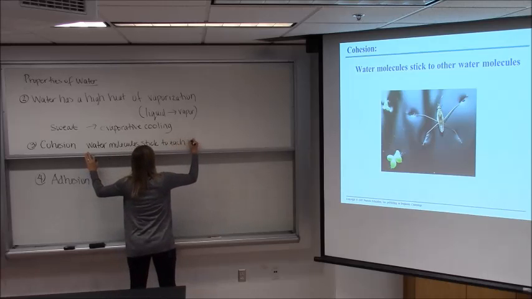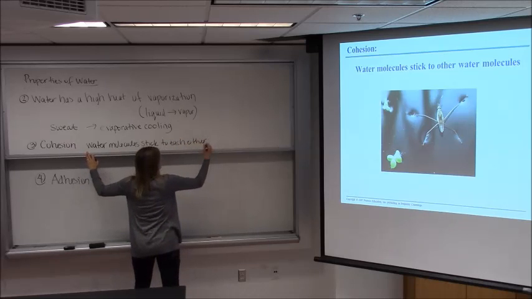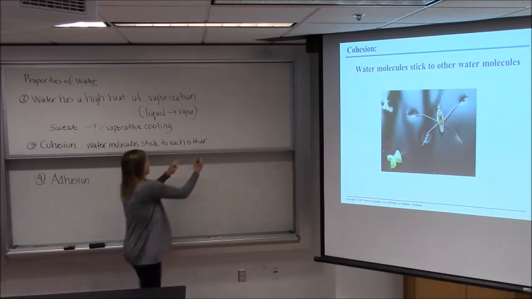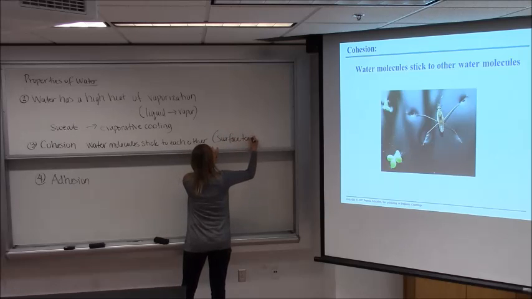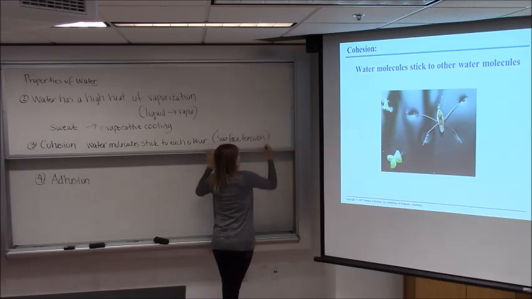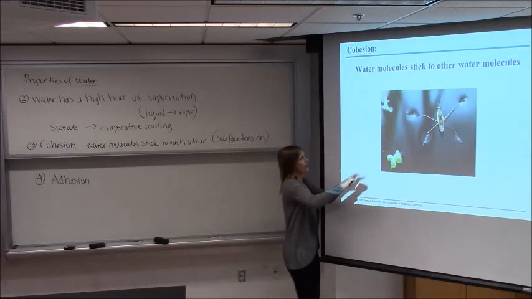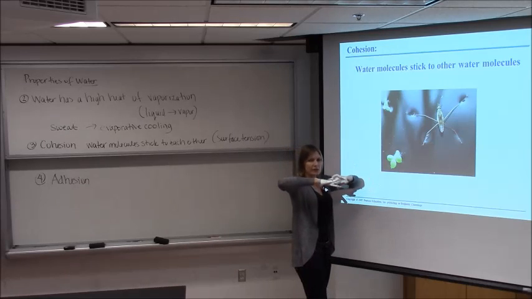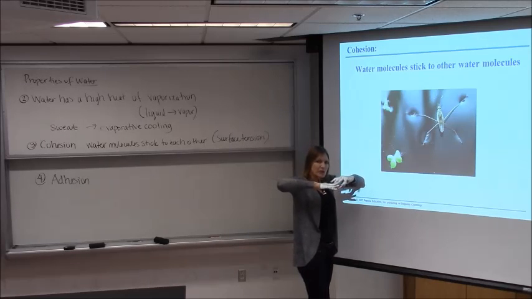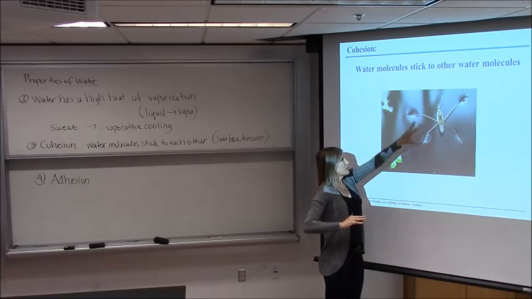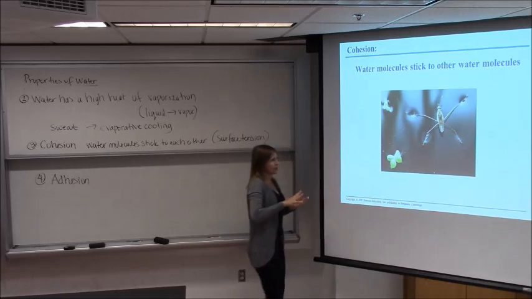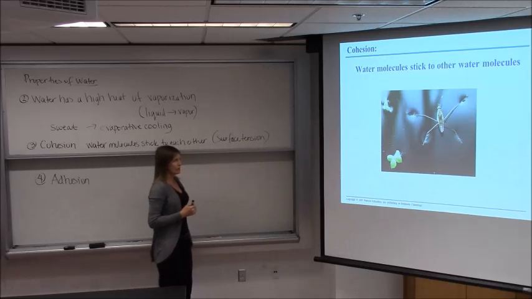You can see that in this picture, the surface tension on this water. You can see under that little water strider's legs. The water molecules stick together and they're constantly pulling on each other. And they create this surface where a water strider can actually walk on top of the water. You can actually feel that surface tension in that picture.